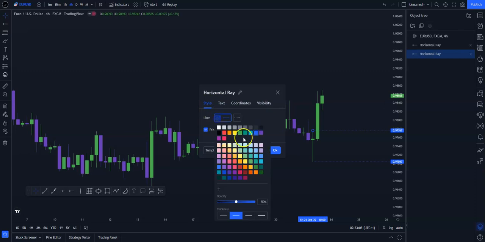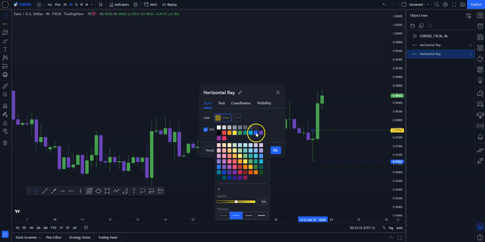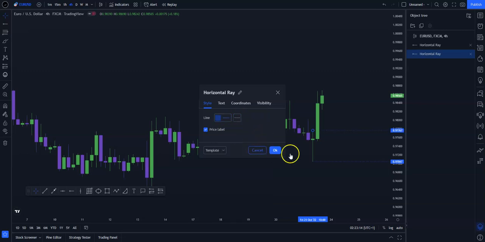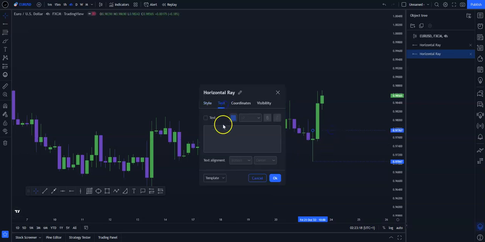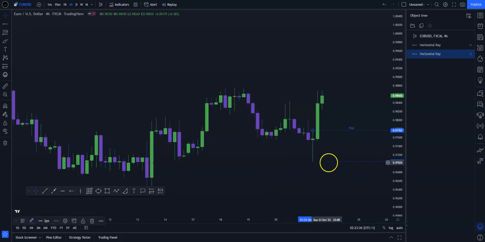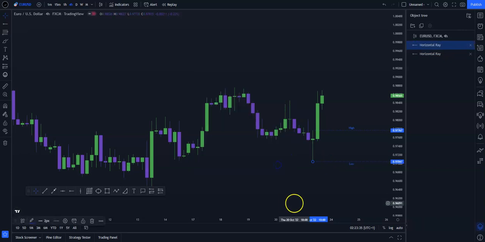Now you can change your style to yellow, change to a blue dotted line, and you can add text to it. I put it on the top of the line, the center. Cool. Put this one here. Text, low, bottom, center. Cool.